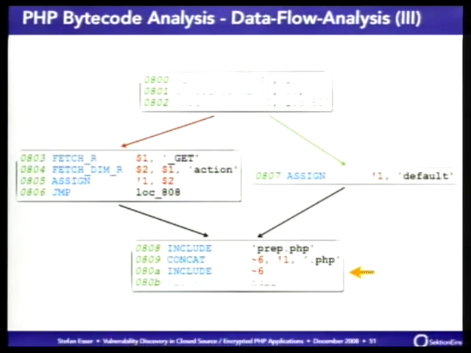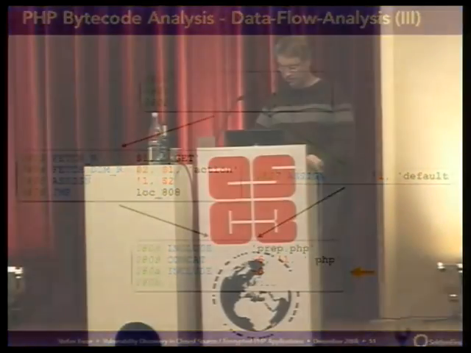So we go backward again one line, and there we see that it's actually the get array. We know the get array is user input, we consider it unsafe, and so we know that there's one code path at least that results in an unsafe include, and we can terminate here and say this function is unsafe. It doesn't matter what parameters the function uses, they're always unsafe.